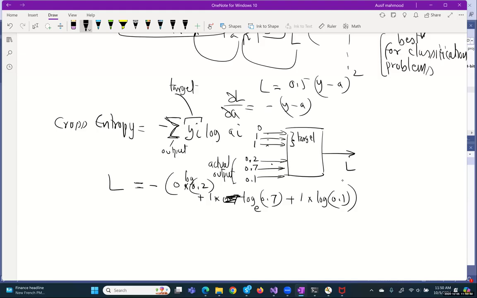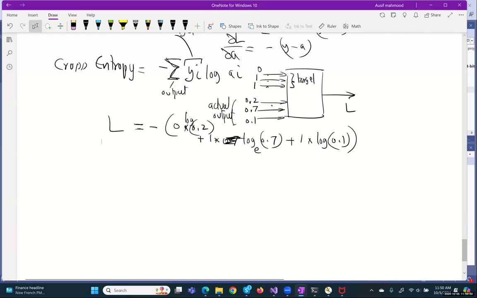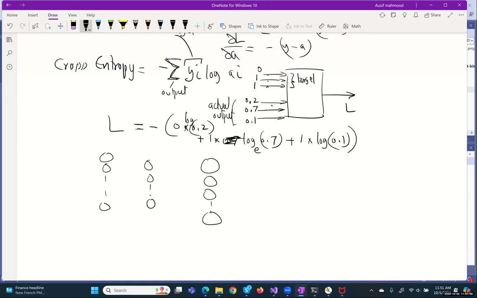Okay. So as we discussed in the previous lecture, our typical neural network scenario is like this. We may have different layers. In the very last layer, the number of outputs is decided by the number of categories or the number of classes, right?